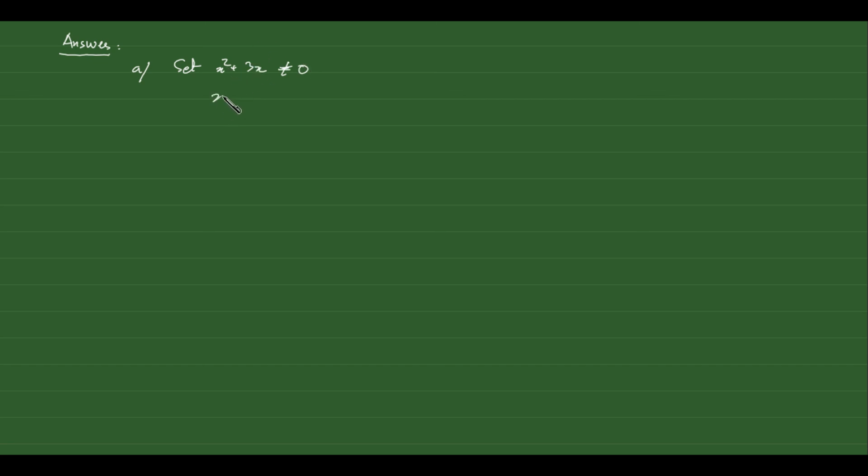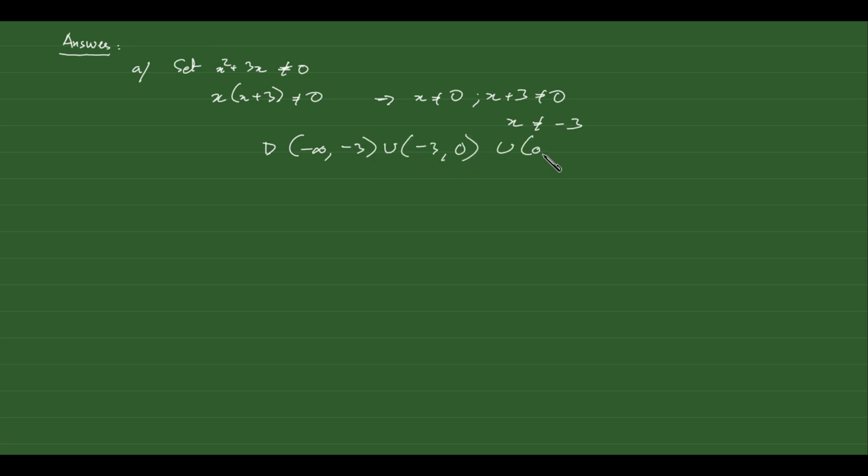Now we have to factor it out: x different from 0, and x plus 3 different from 0, which is x different from -3. So there are two values on the number line that we have to exclude. The domain will be -infinity to -3, union -3 to 0, union 0 to positive infinity. So that's the domain.